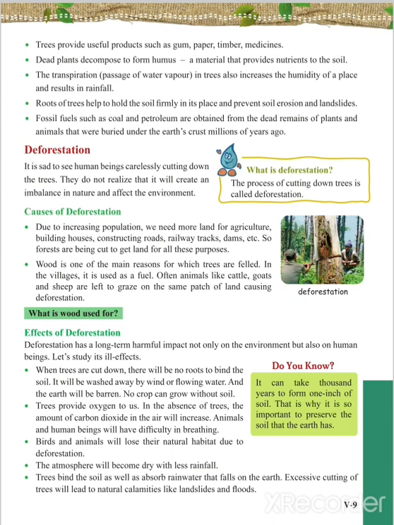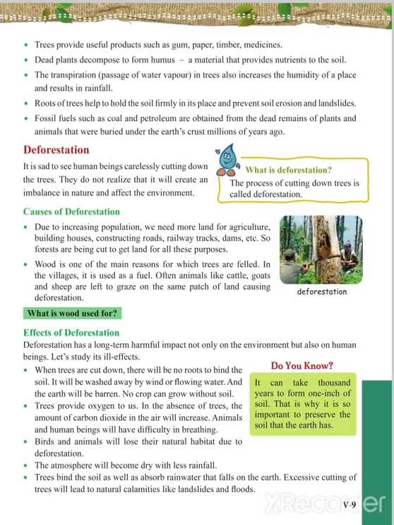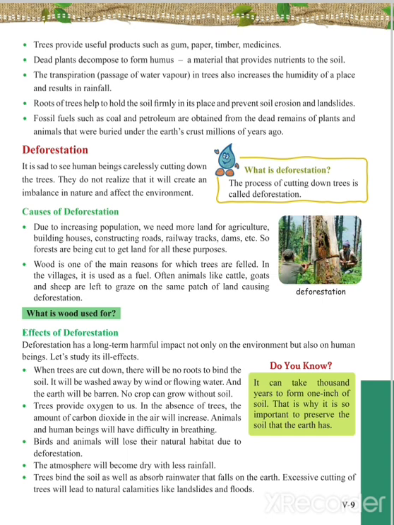Deforestation. Deforestation means cutting down of trees. The process of cutting down of trees is called deforestation. Due to the increase in population, to fulfill the needs of human beings, the trees are being cut down on a large scale.